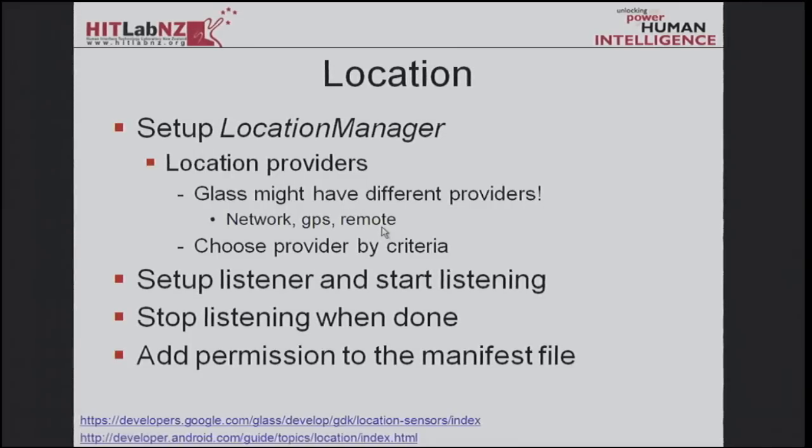So you can identify what kind of provider is currently available on the glass, and you'll have to go through those providers and ask them to give you updates with the location. And how to listen to those updates is to set up a listener. If you remember from yesterday, I didn't explicitly explain it, but listeners are basically interfaces with a set of methods that are called back in your object.